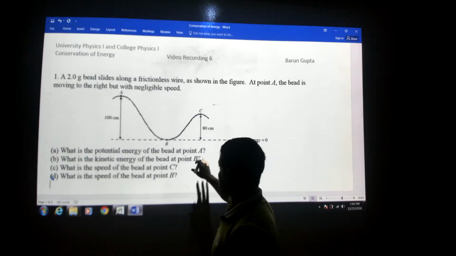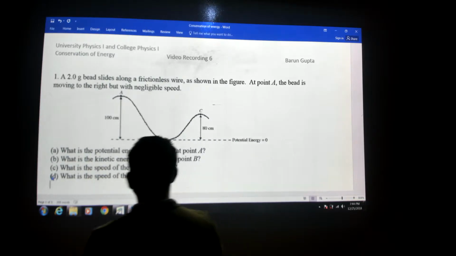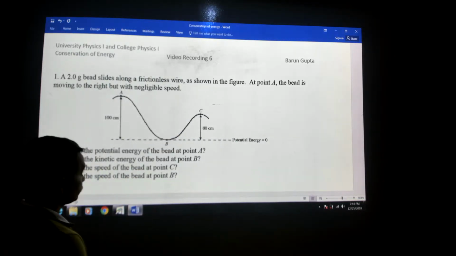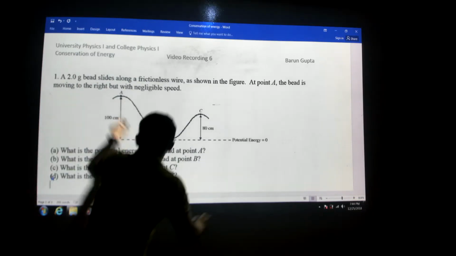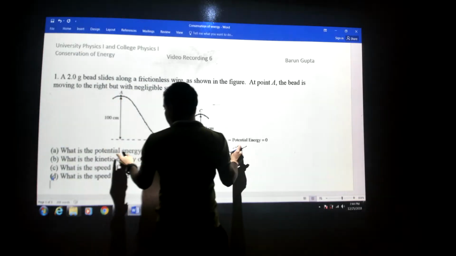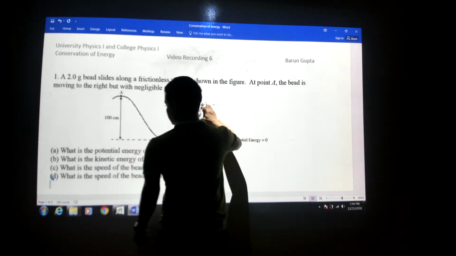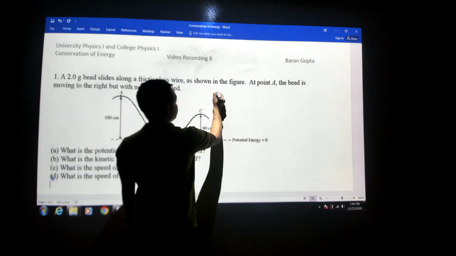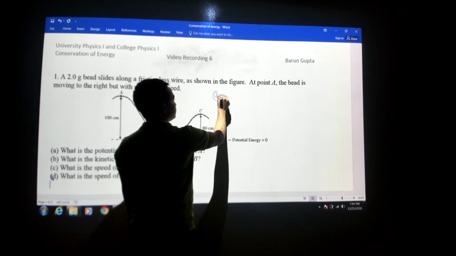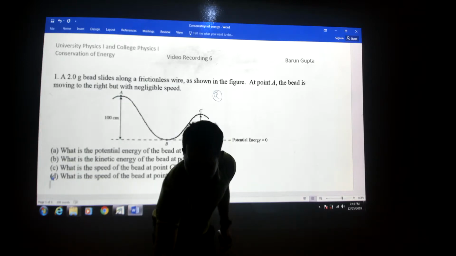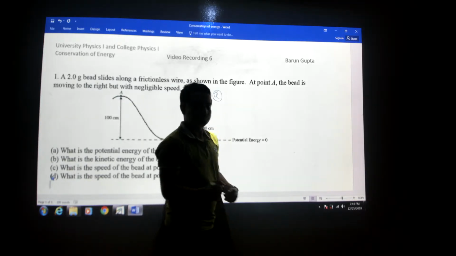So what is asked here? You have a bead sliding down this wire, and you have to find out what is the potential energy of the bead at point A. The potential energy in a system is equal to mgh.